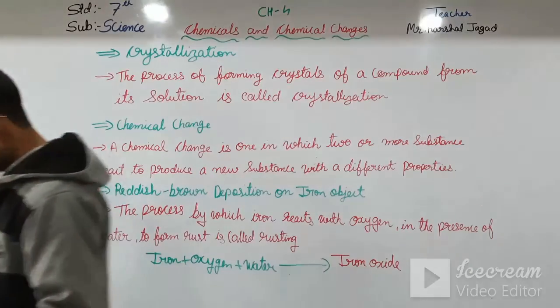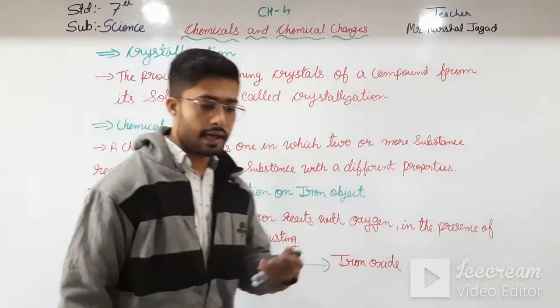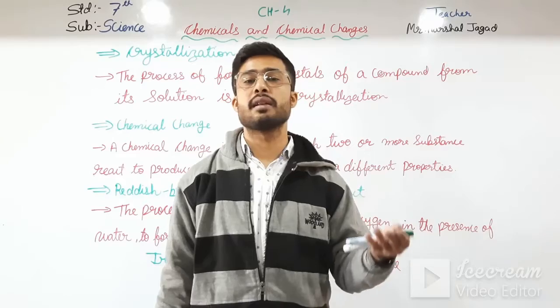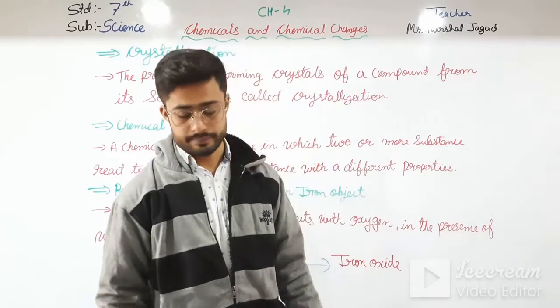Okay, now moving forward, there is browning of vegetable and fruit surfaces. So what is it? We know that after some time vegetables get a brownish layer on the surface, and also fruits.